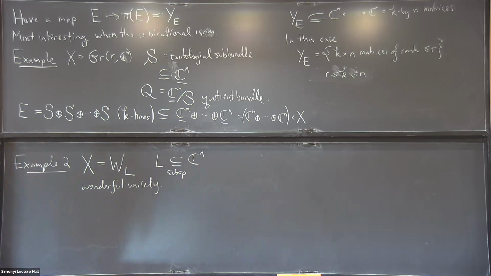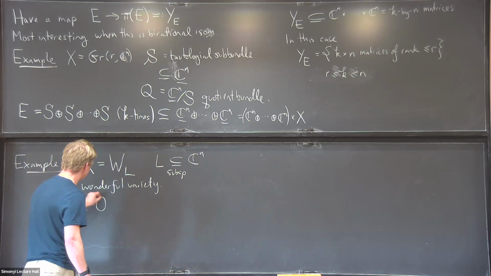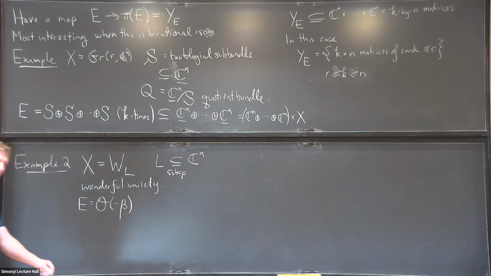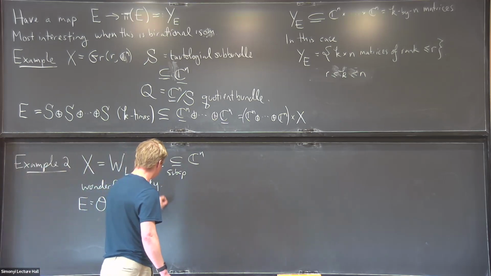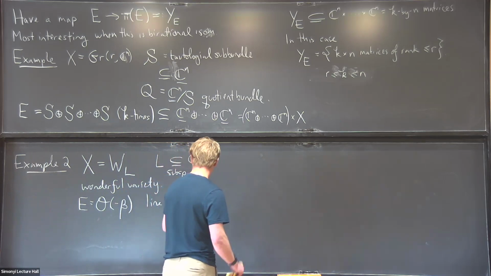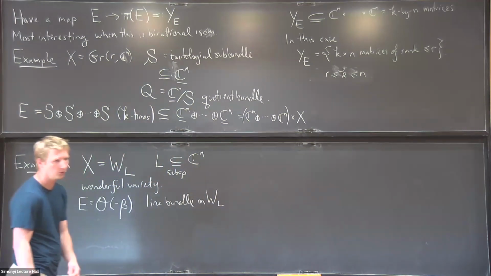What am I going to use for my vector bundle? I'm going to take E to be O of negative beta. This is going to be a line bundle on WL, and it occurs by pulling back.